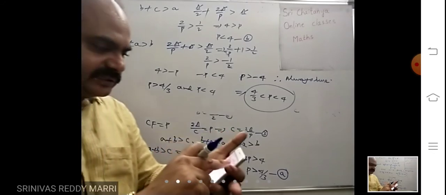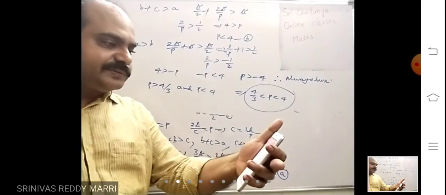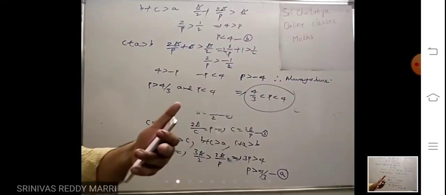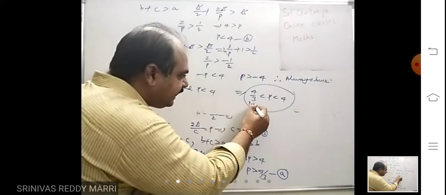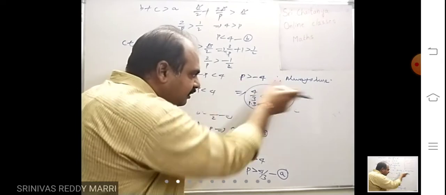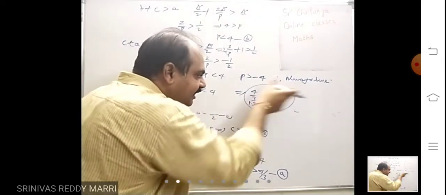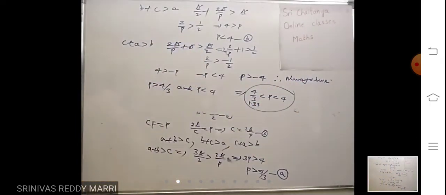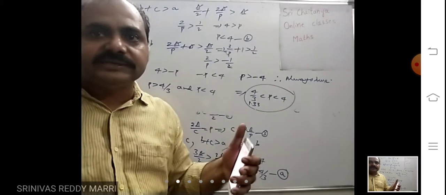Now look at the options. First option, the value of P can be 2. This is 1.33 to 4. P can take any value between 1.33 and 4. That means in between, 2 is also there.